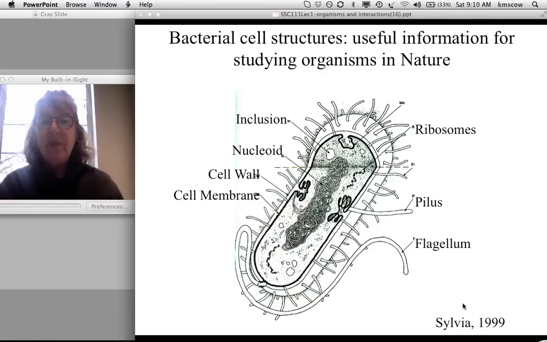Also the cell membrane, we'll talk a little bit about that as one of the methods, looking at phospholipids. Another way to characterize organisms. People also look at the flagellum, and so it's a different way of looking at an organism. You can think about how it all works, and the physiology of the organism, but it's also all this rich information that can be tapped into to study organisms in nature.